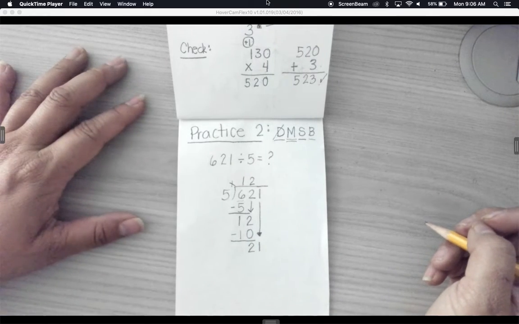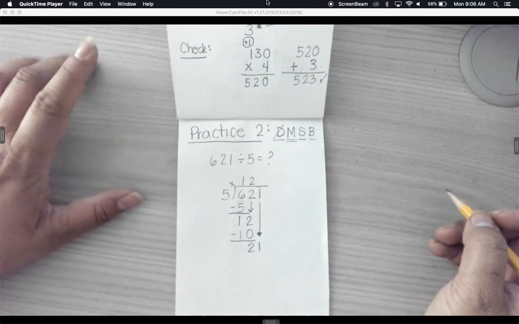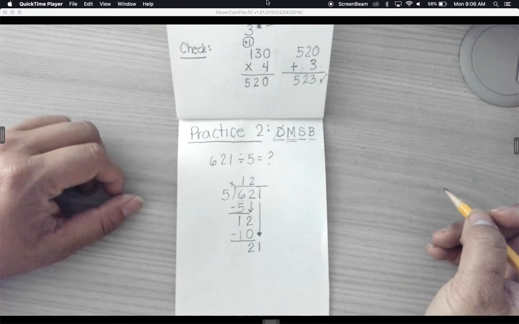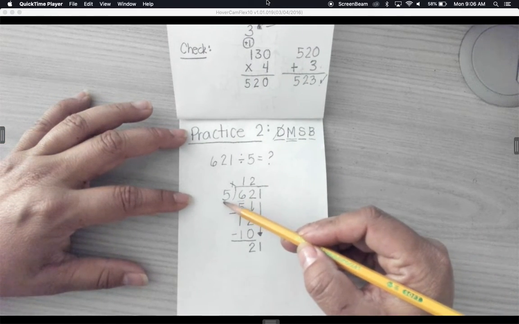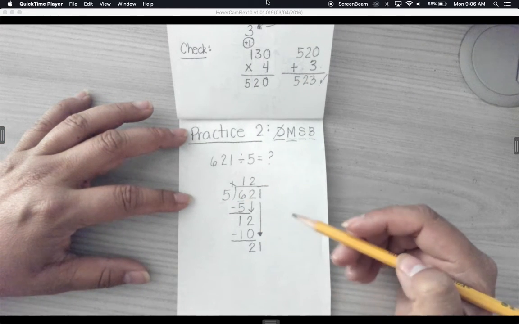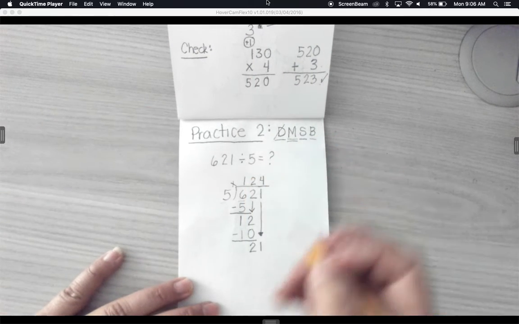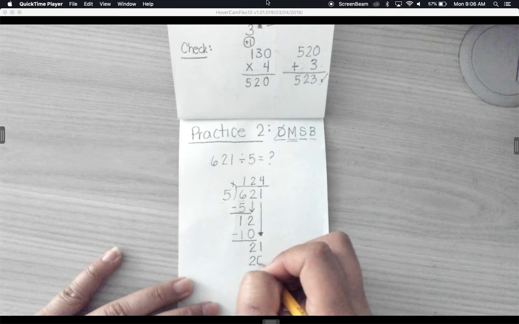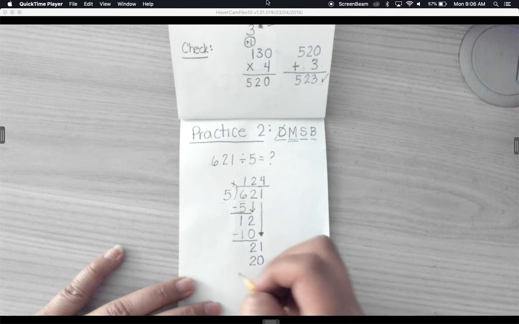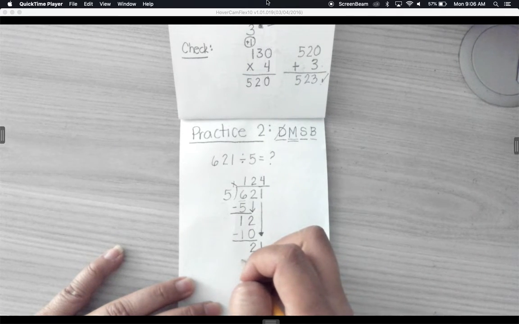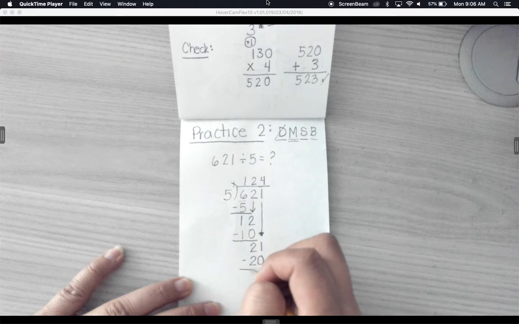And then Mom says, okay, here I come. Is there something times 5 that's going to get me close to 21? 4. What does that give me? 20. And then sister, hold on. I have to subtract.